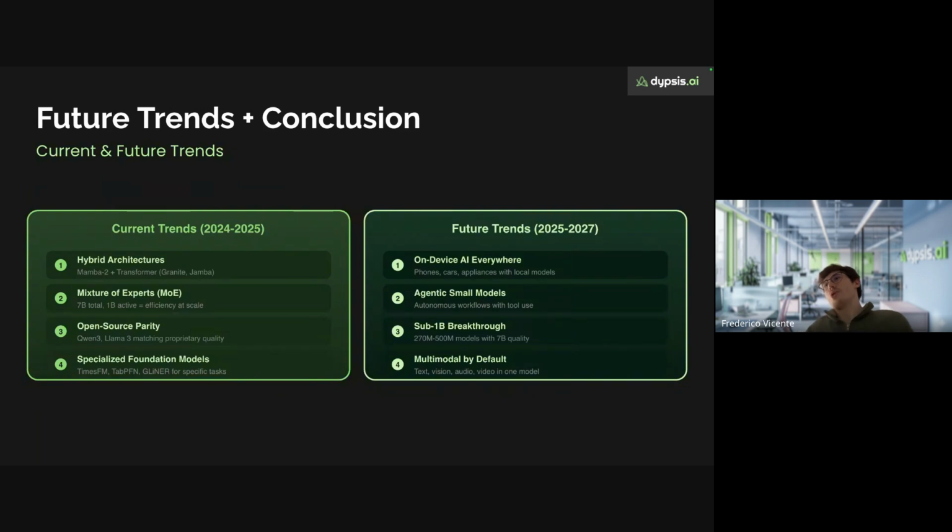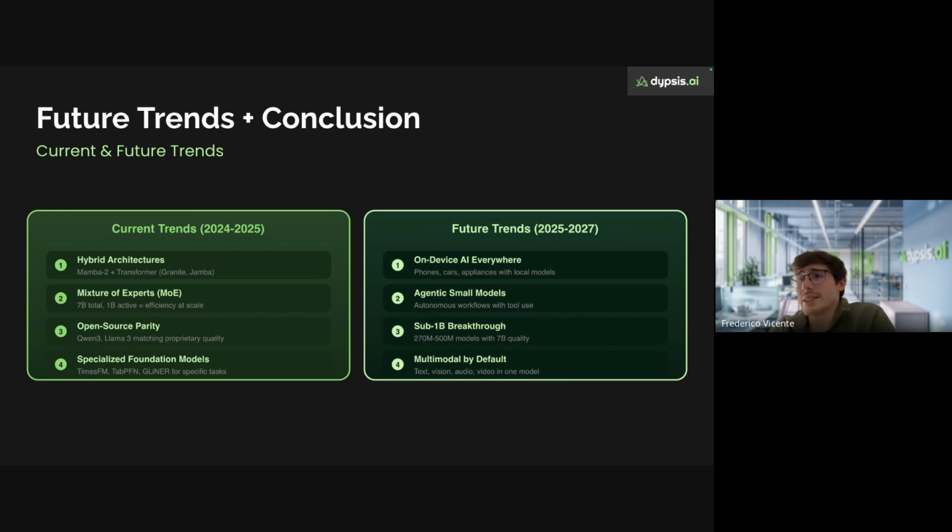So, concluding a little bit about what I talked about. It's very common nowadays to see these hybrid architectures, which more or less mix state space models like Mamba with transformer architecture. Mixture of experts architectures are also quite common nowadays because they balance quality with speed really well by using a little bit more memory, GPU memory.